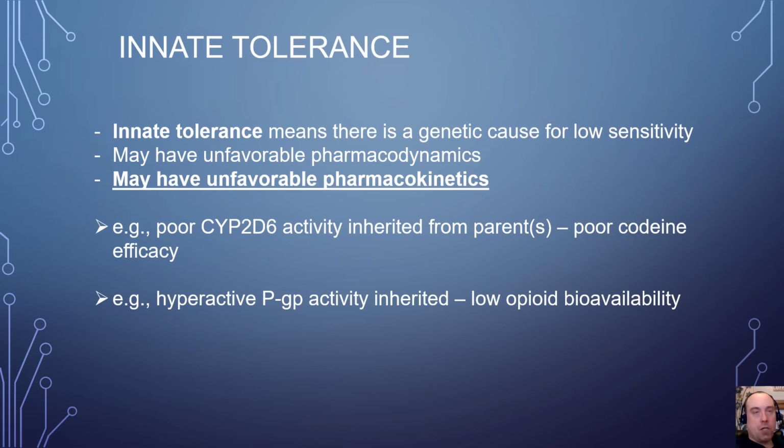So higher PGP activity means lower activity of the opioid, so lower efficacy. If you have a PGP inhibitor, the opposite holds true. Then you have excess opioid absorption and excess blood levels, because you also won't be eliminating it very well because PGP is all over the place.